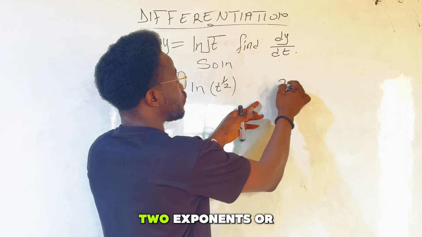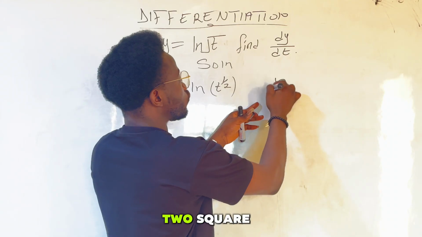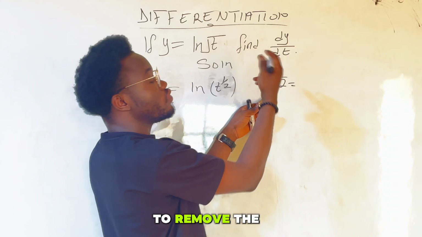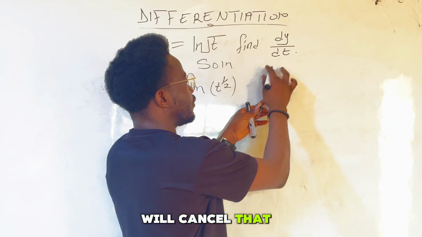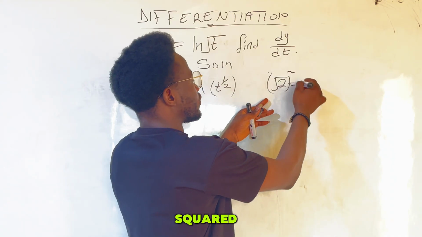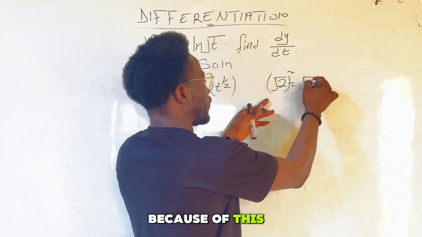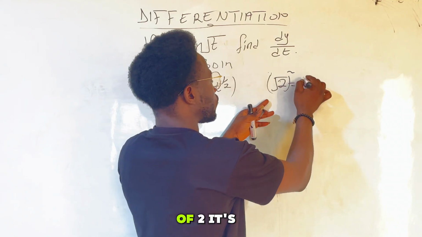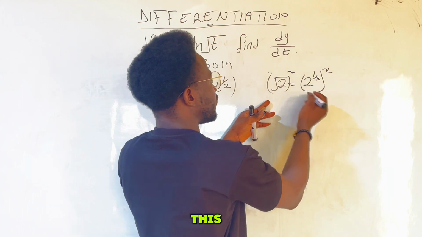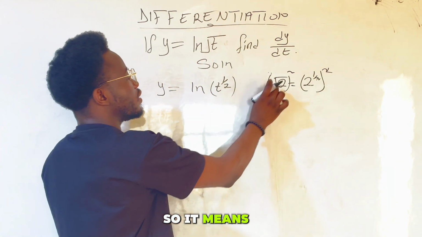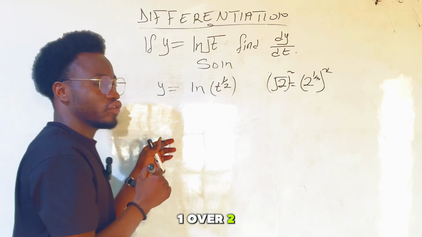That is why when you have two exponents or two squares, they say that if you want to remove the square root, you square both sides. You square this and the square will cancel that. It is because of the exponent 1/2. You square it, this one will cancel this. It goes away. So it means the square root can be written as 1/2.